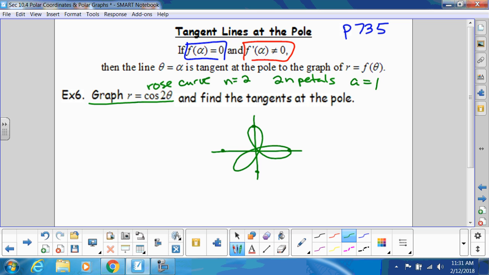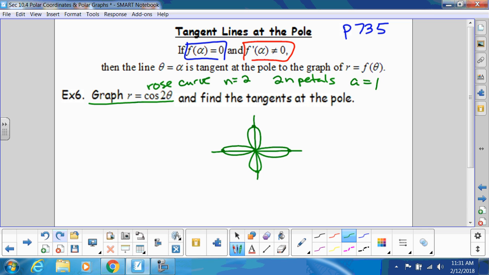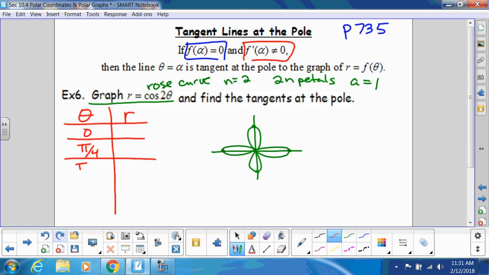Oh, nope. Did that wrong. Back up. Now again, if you don't know how that looks, that's okay. Plug in some points, right? You can always do that, or look at your calculator.